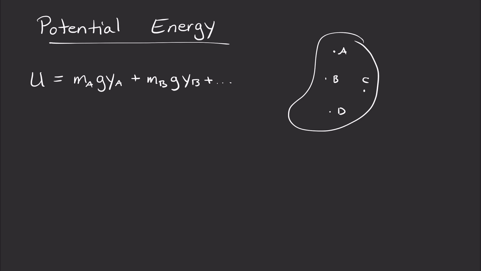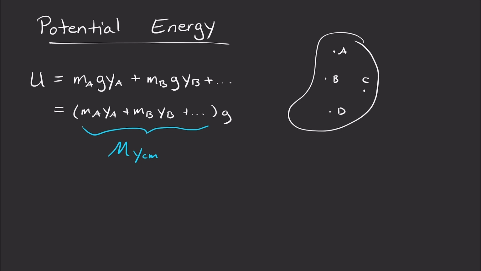But notice that g is the same for all of these, so we could factor it out. So this is ma ya plus mb yb plus ... all times g. But this, if you remember from our center of mass video, this is just the center of mass. So this is just the total mass times the center of mass in the y direction.